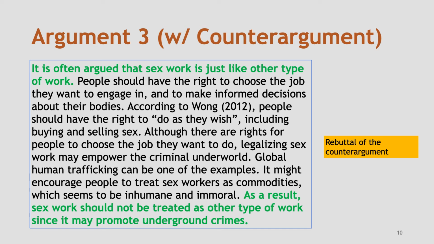Okay, so this is the writer's main argument, in that legalizing sex work does not help with reducing crime. And he or she explains, global human trafficking can be one of the examples. It might encourage people to treat sex workers as commodities, which seems to be inhumane and immoral. Okay, so these are the opinions from the writer.